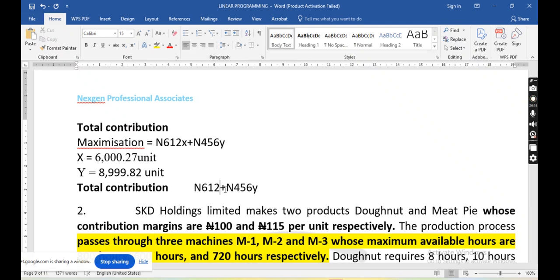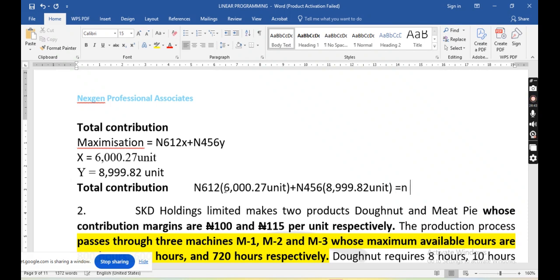X is what? What is our X? X is 6,000.27 units. So what is y? Y is 8999.82 units.